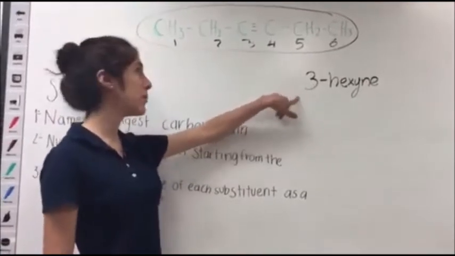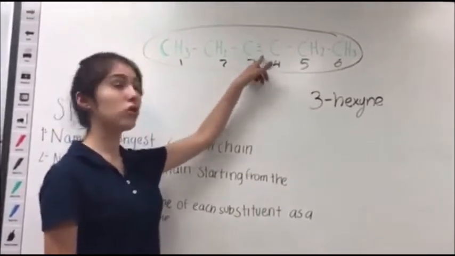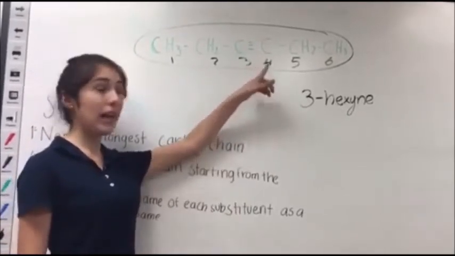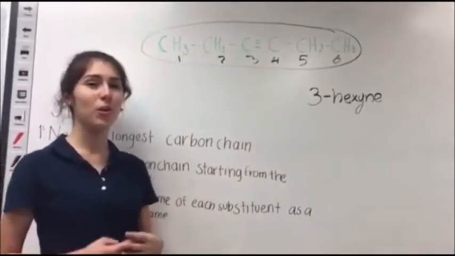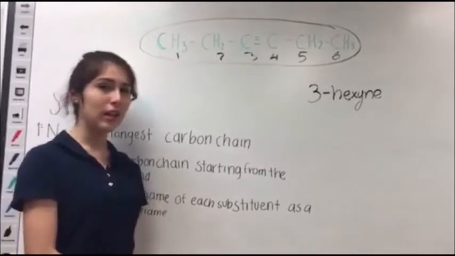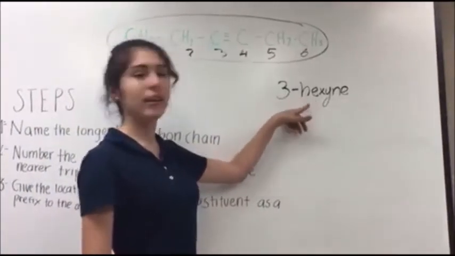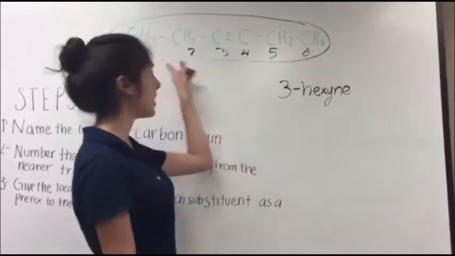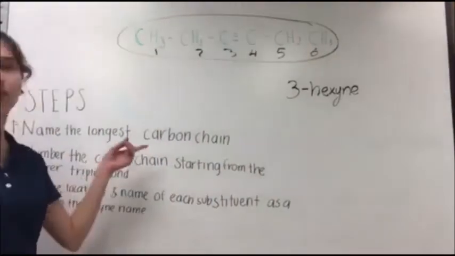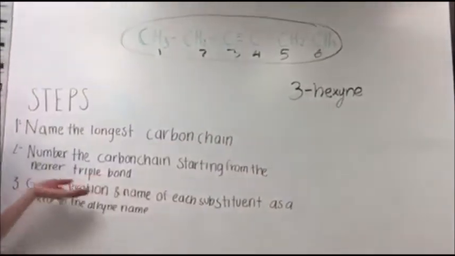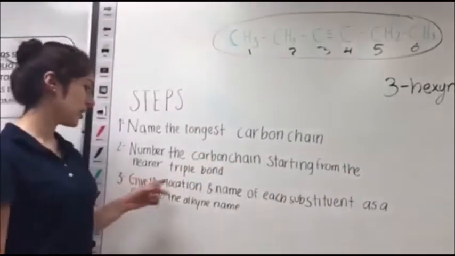The number 3 represents in which carbon the triple bond stands. The name gives the 6th carbon from the longest carbon chain, and the termination is from the kind of carbon chain that is an alkyne.